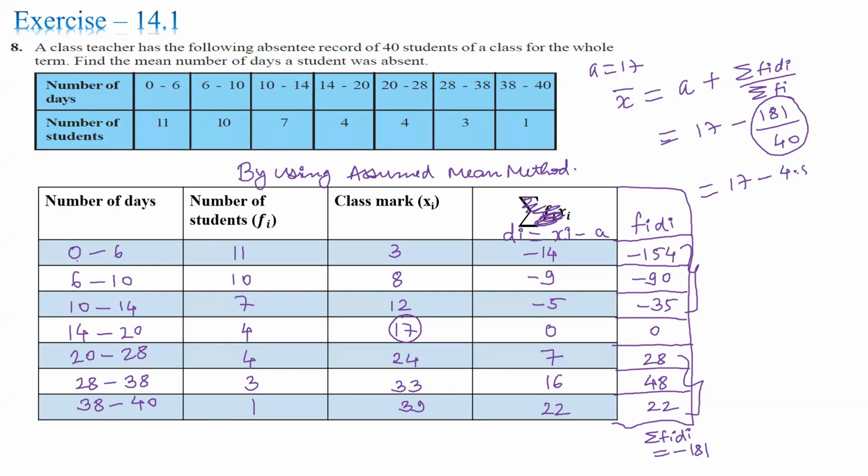So after subtracting this, how much will it come? 12.5. See, at least take two decimals when you are dividing. 12.48 days will be the final answer. Okay, that will be the mean.